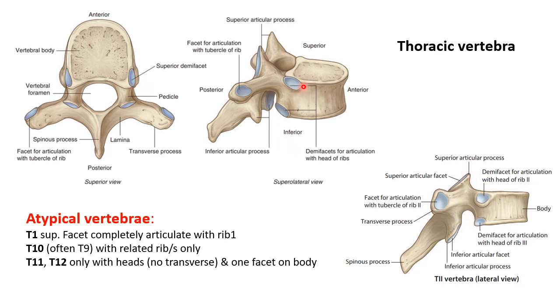The superior facets articulate with the head of the corresponding rib, while the inferior facets articulate with the head of the rib below. So if this is a 7th vertebra, its inferior facets articulate with the 6th rib.